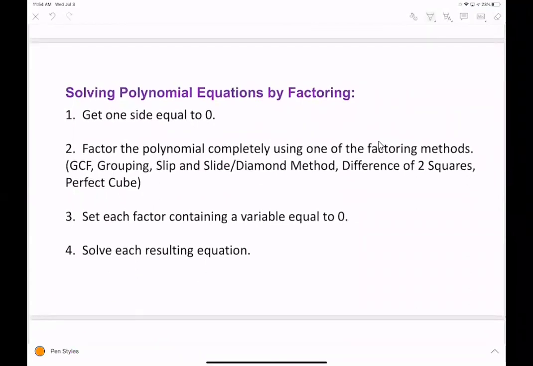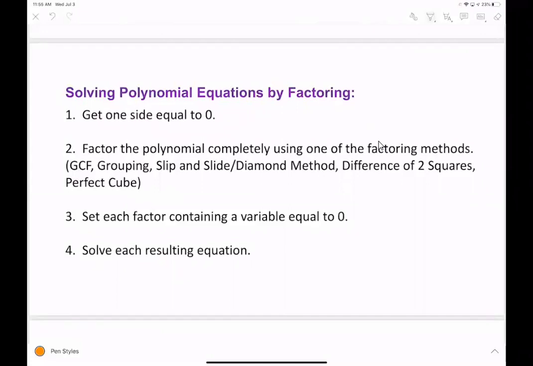The difference with these is that in the previous lessons about factoring, you were just given polynomials. In these particular ones, you're going to have an actual equation. And remember, anytime you have an equal sign, it is an equation. So to solve an equation by factoring, what we need to do is get everything on one side equal to 0.